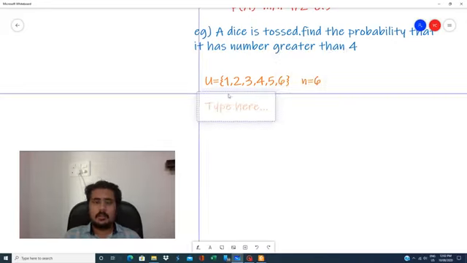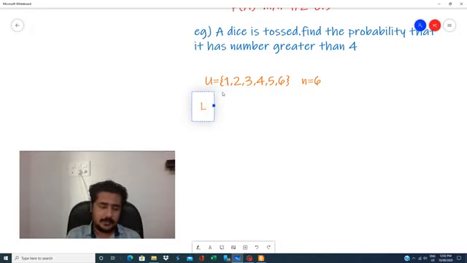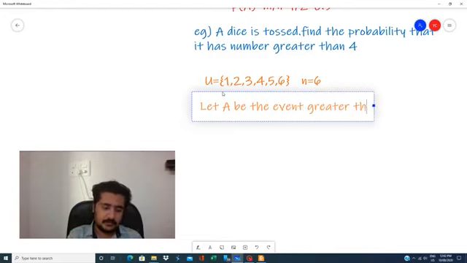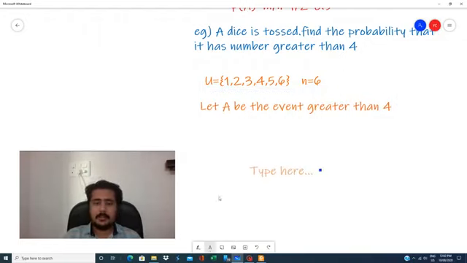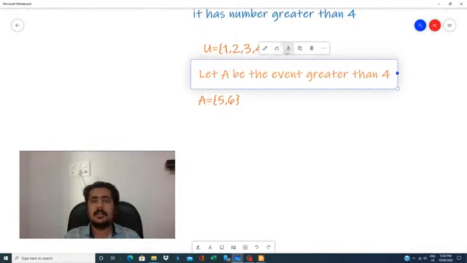Now they told you to find the probability that the number is greater than 4. So let A be the event of getting a number greater than 4. When I say greater than 4, 4 is not counted. Then there should be 5 and 6.